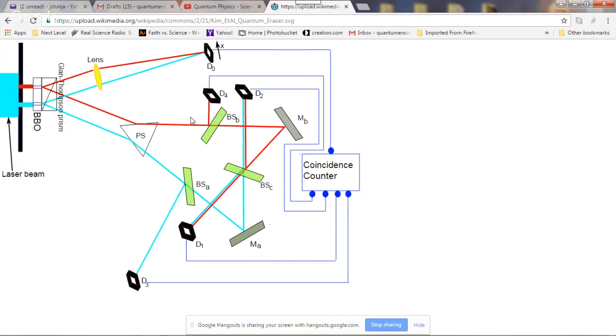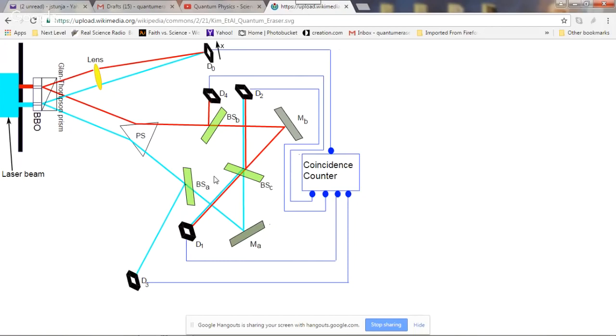Conversely, every single time D1 or D2 is hit, guess what happens? We get an interference pattern here. It's acting as if, because we don't know the path information, it went through both slits. Just like the previous experiment that I went over before. And it gives an interference pattern here, and at D1.